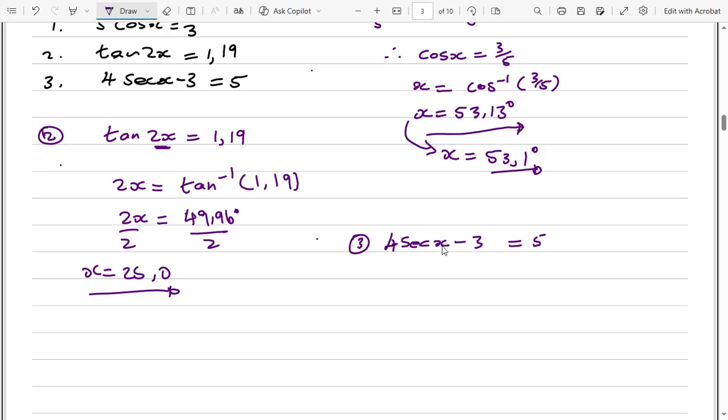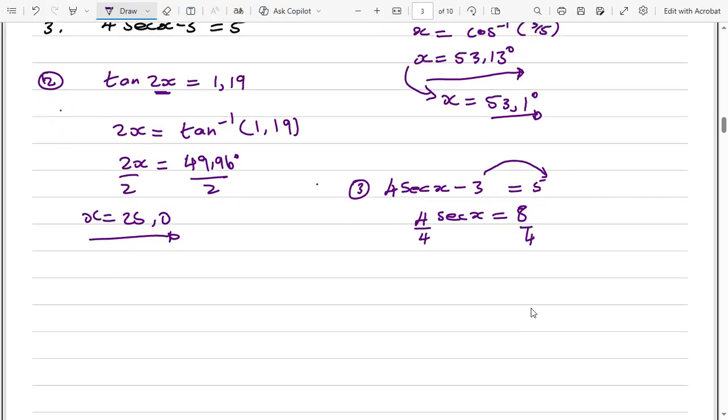What you need to do is isolate the sec x first. So the 3 comes to this side and becomes positive. So 4 sec x is equal to 3 plus 5, that's 8. Divide both sides by 4. Therefore, sec x is 4 goes into 8 2 times.